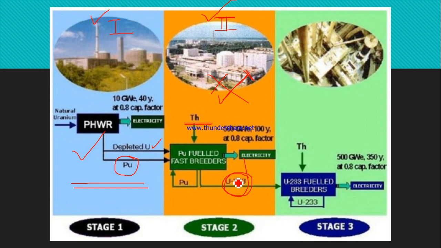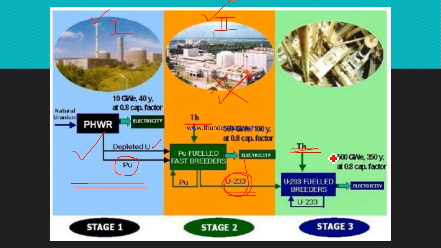If thorium is converted to thorium-232, and then to 233, this byproduct uranium-233 will be used in the third stage, where uranium-233 will undergo fission, and the neutron generated from that will again convert thorium to uranium-233.